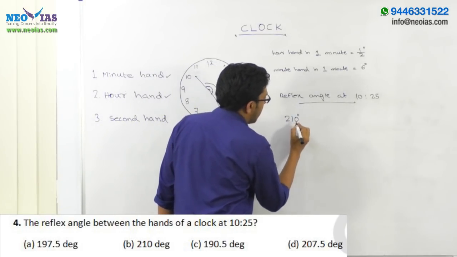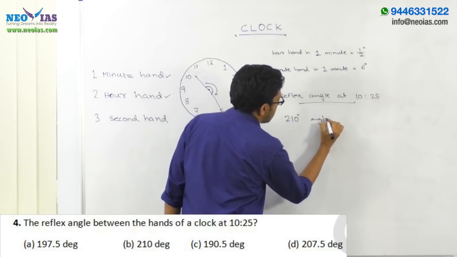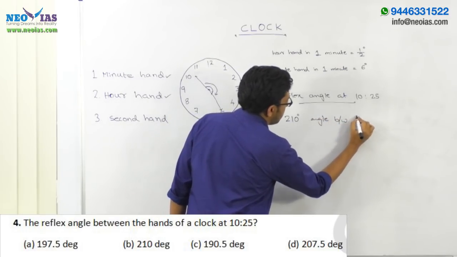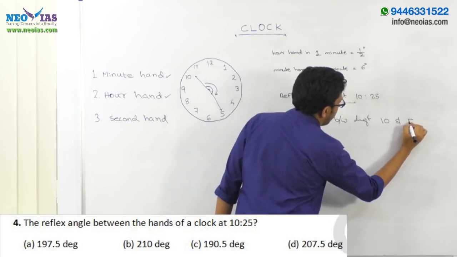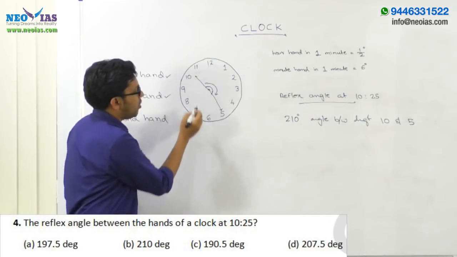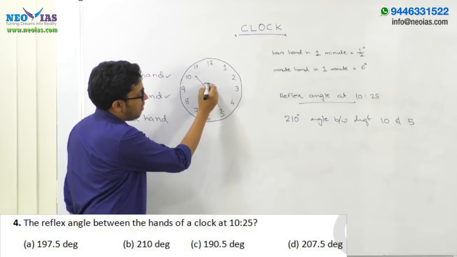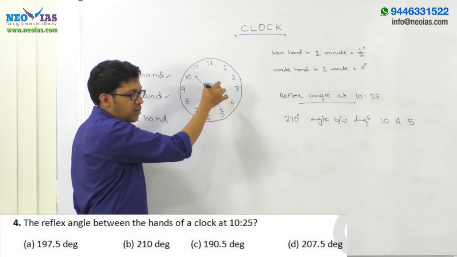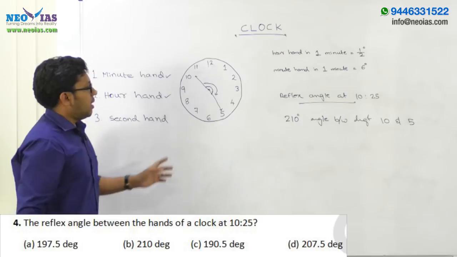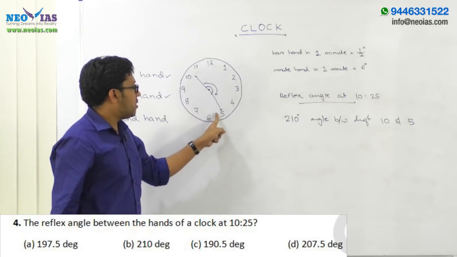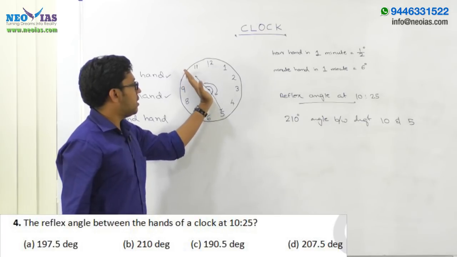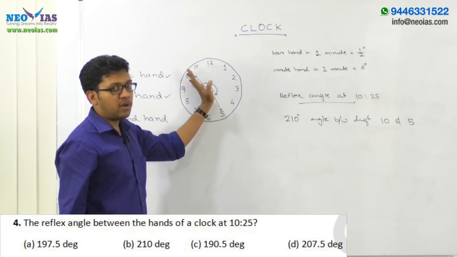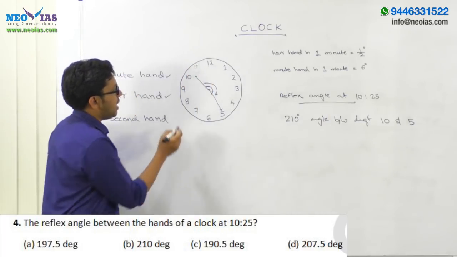210 degree is the angle between 10 and 5. I am talking about the angle between 10 and 5 in this way, that is in clockwise rotation. If we know the angle between 10 and 5, then we can easily figure out this angle. Just subtract the angle swept by our hand for 25 minutes.